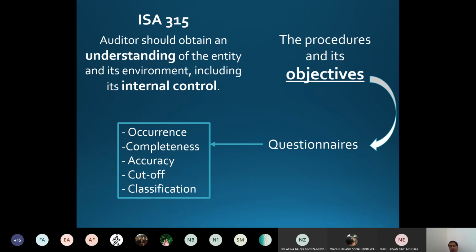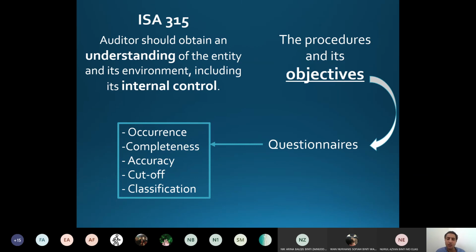So according to ISA 315, the auditor should obtain an understanding of the entity and its environment, including its internal control. So part of the auditor's objectives, according to ISA 315, is to understand the entity and environment of the client. Also, they need to understand the internal control.